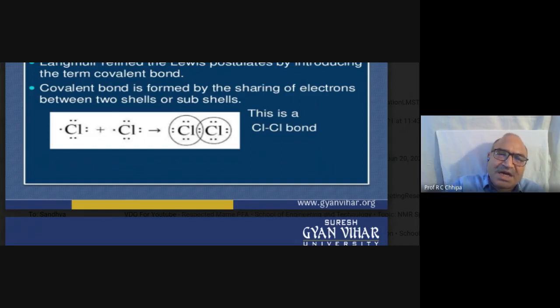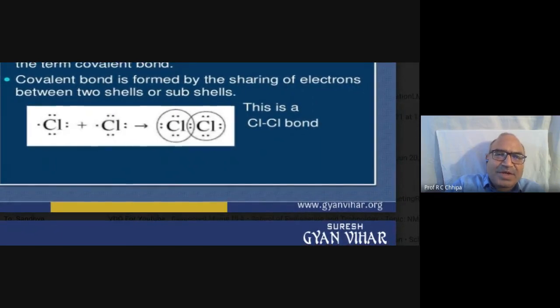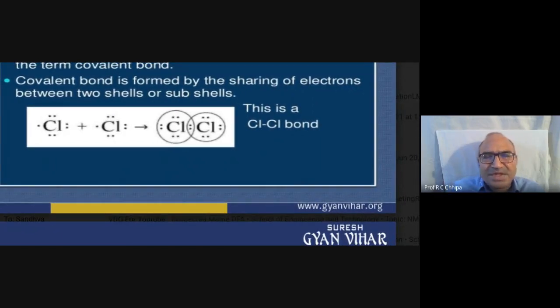But the covalent bond, the second type of chemical bonding, is formed by the sharing of electrons between two shells or subshells.